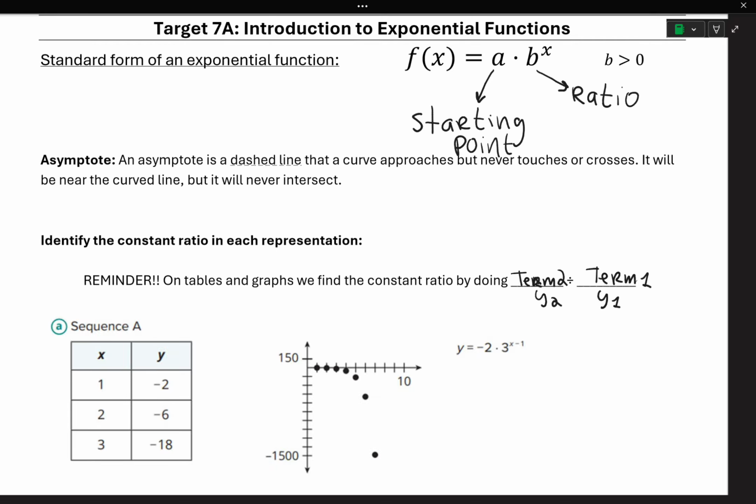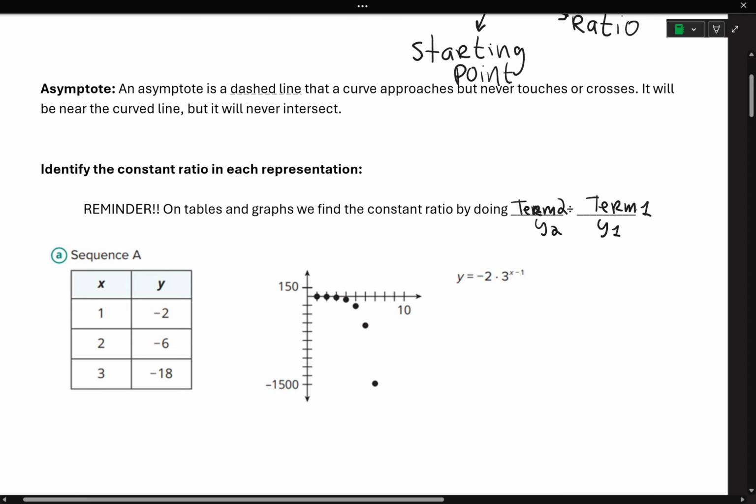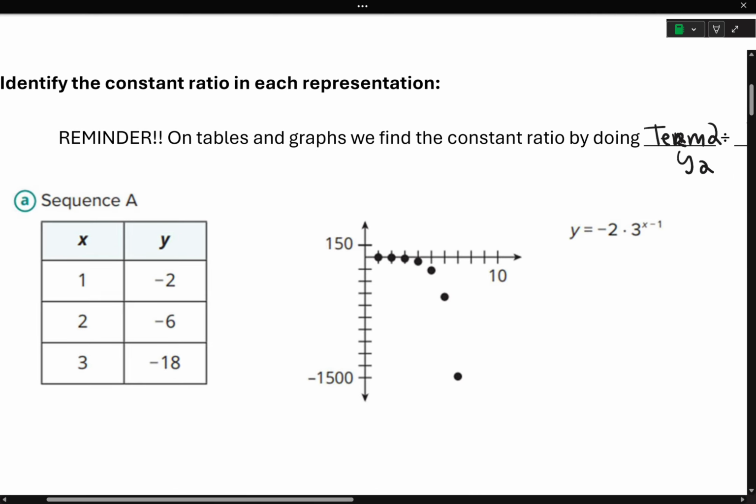Alright, let's take a look at sequence A. Sequence A, these pictures and the equation are all sequence A, but we're going to practice finding it. I guess the graph we can't really practice finding it, but at least I can point it out to you on the equation. We'll practice finding the constant ratio on graphs in a different part. In sequence A, let's find the constant ratio by doing y2 divided by y1.